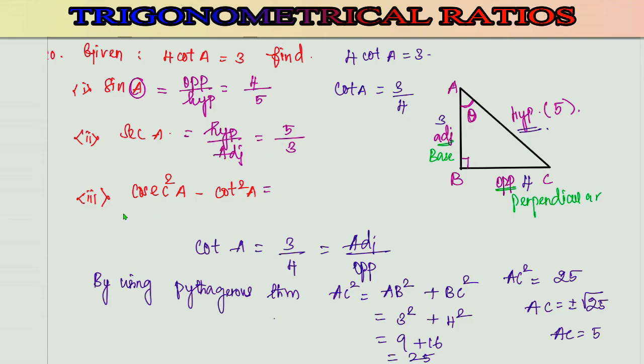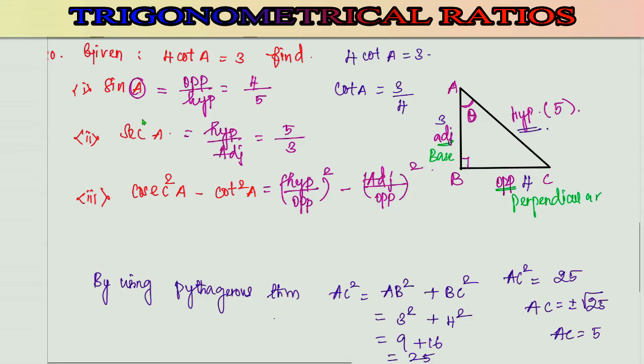Now cosecant formula is hypotenuse side divided by opposite side, whole square, minus cot value, which is adjacent divided by opposite, whole square. Okay, when you substitute, hypotenuse side is 5 divided by opposite 4, whole square, minus adjacent side is 3 divided by opposite side 4, whole square.